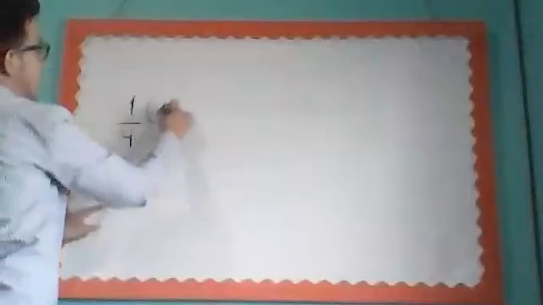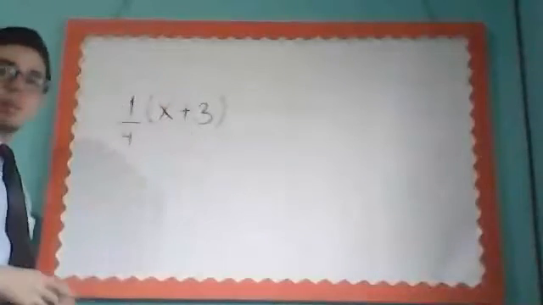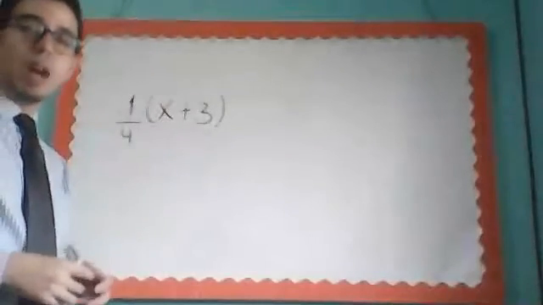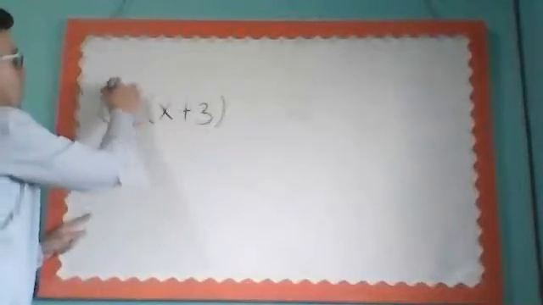You have, for example, in the first part, 1/4 x plus 3. Yes, we are going to do the same. You multiply the fraction by each term. We are going to solve it tomorrow when we have more time, but today I'm only going to show you what we are going to do.